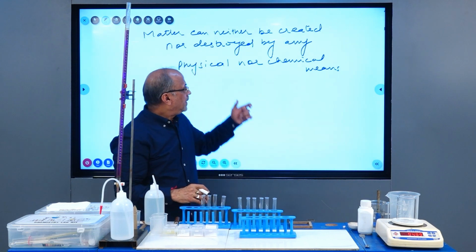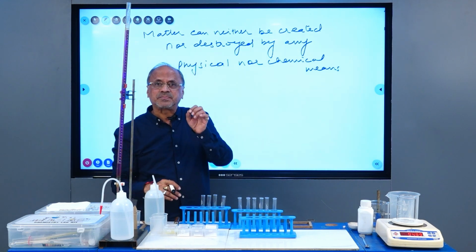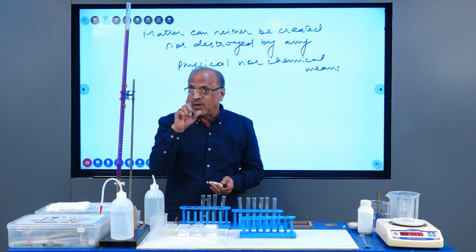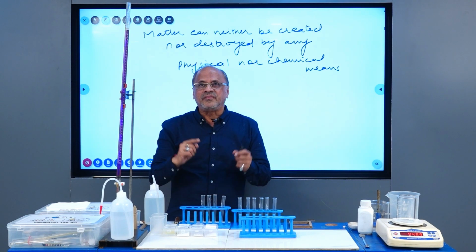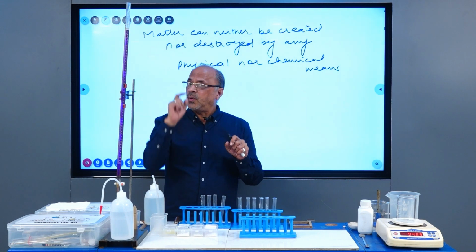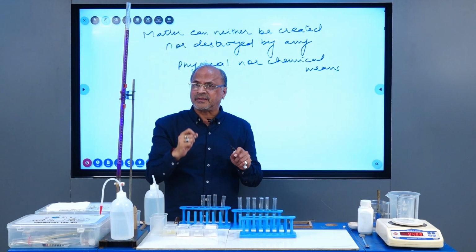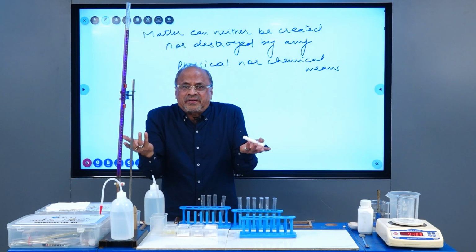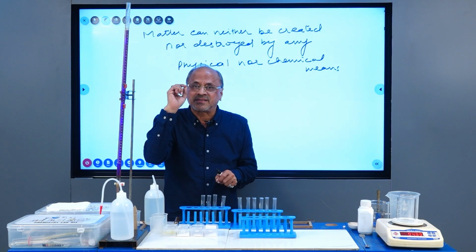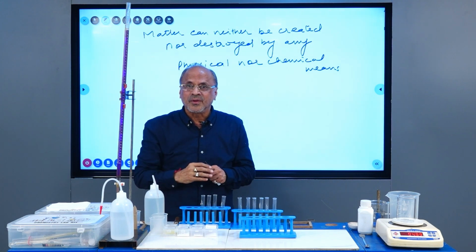Now, let us go for the experimental evidence for this part. What is the experimental evidence? We will perform a chemical reaction and prove it. But what is the most important point here? If matter can neither be created nor be destroyed, tell me students, matter has got some mass or not?